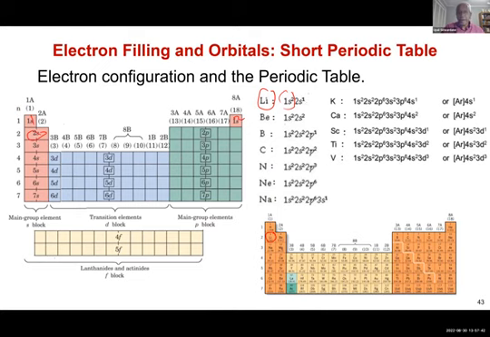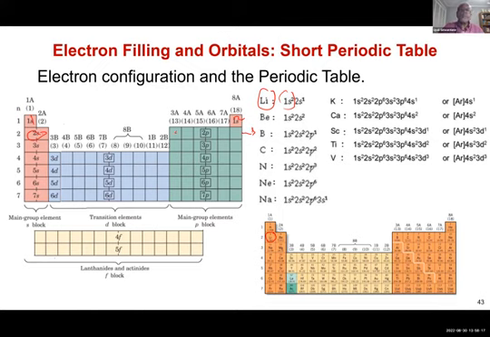For beryllium, it has one more. We have done second row. Beryllium has one more electron, therefore it's going into 2s also. Beryllium is right here. So boron is right there. Boron has 5 electrons.